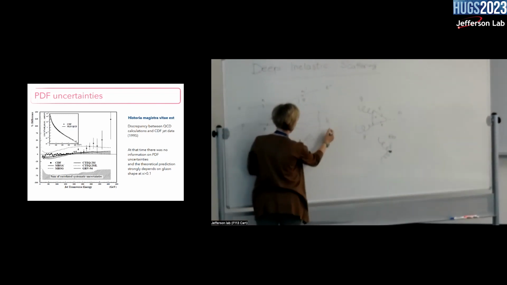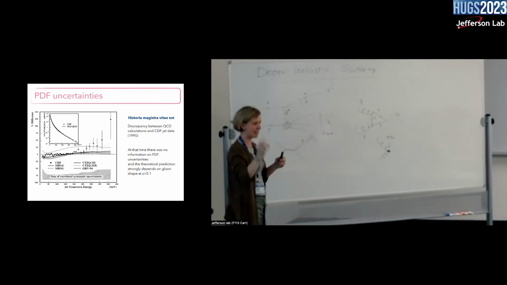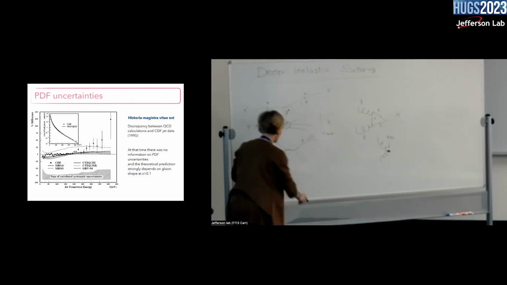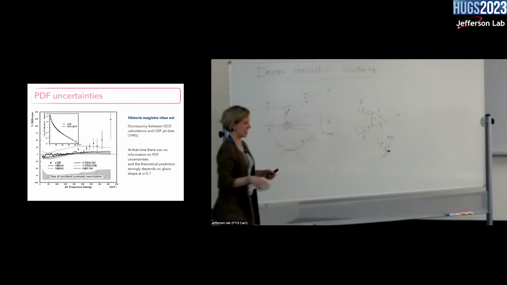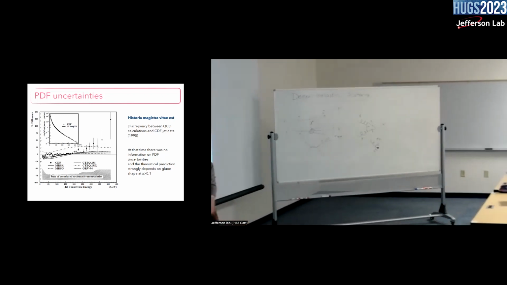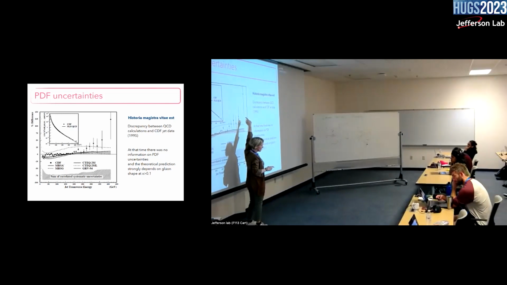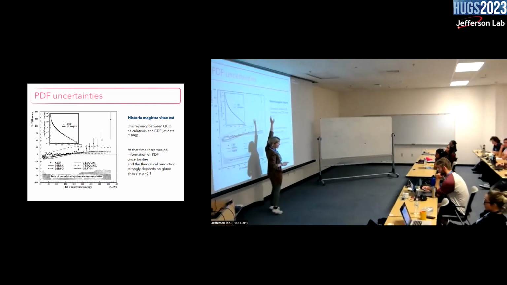And the jet transverse energy has to do with the energy that they deposit in the calorimeters times the cosine of the angle at which they reach the calorimeter, something like that, okay? So it's really a measurement of the jets. And as you can see, the data were completely off the theoretical predictions. So these were the theoretical predictions and these were the data. And there was something increasing with the scale.